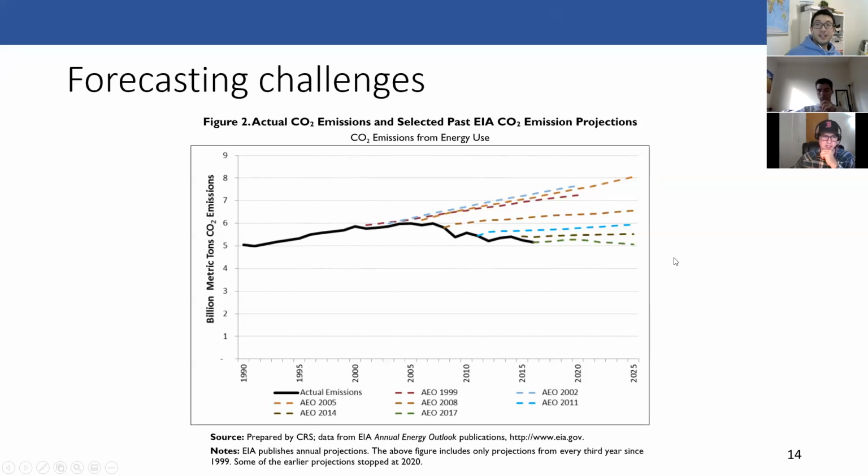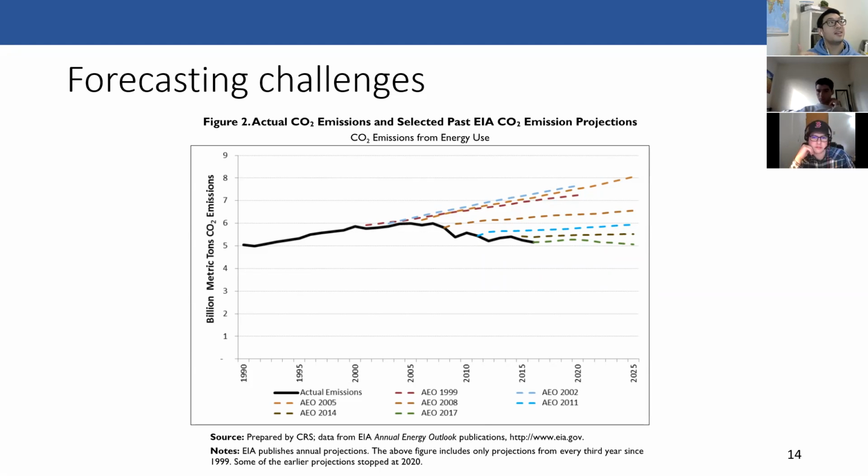So are these annual energy outlooks purely based on historical data? Not only on it. Everything is calibrated to historical data, but the model itself is a fairly complex model that spans the entire economy, so there are definitely other things that go into this.